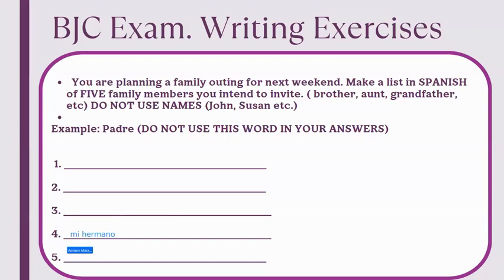So is it mom, dad, granddad, niece, nephew, uncle, cousin? Those are the kinds of things that you're writing. So obviously with an exercise like this, they are trying to find out if you know the names of family members in Spanish. So you need to know, of course, that this is something that you may have to do. Okay?